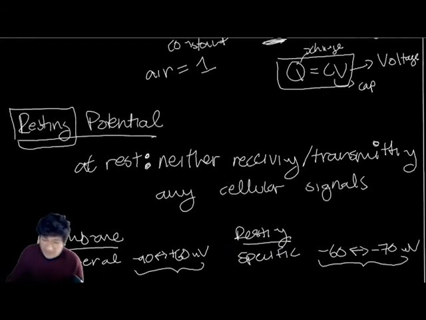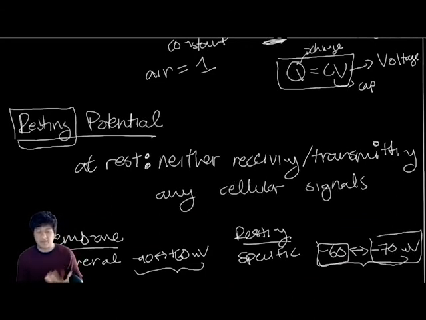So also, let's focus in on this negative 60 to negative 70. What does that mean? So in the previous video, we talked about how the membrane potential is taken with the ground being the outside of the cell. Meaning, when I'm saying the resting potential is negative 70 millivolts, I'm saying that the inside is 70 millivolts more negative than the outside.